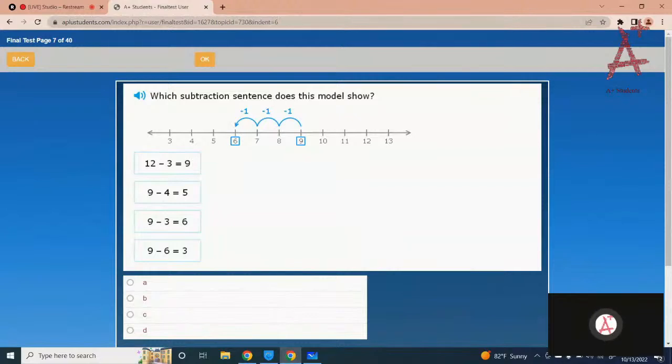That means 9 subtract 3 equals. You started from 9, you move back 3 times, 1, 2, 3, and you are at the 6. That means 9 subtract 3 equals 6. Got it? So option C is the correct one. Select the correct option and click on the OK button.